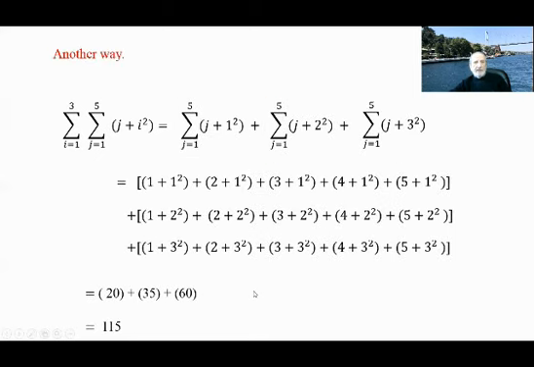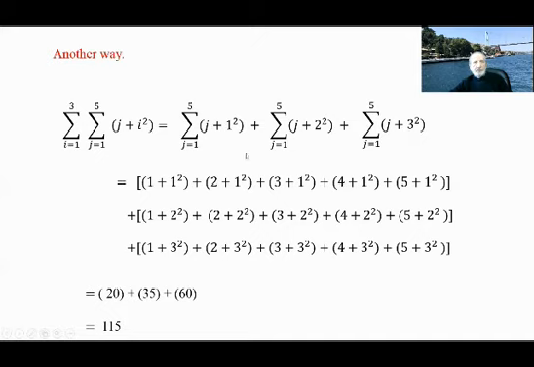Here's another way of doing it. It's a little bit longer, I guess. For i equals 1, you replace i by 1, and you make the summation over j. Then i equals 2, and the summation over j, and i equals 3, and the summation over j.